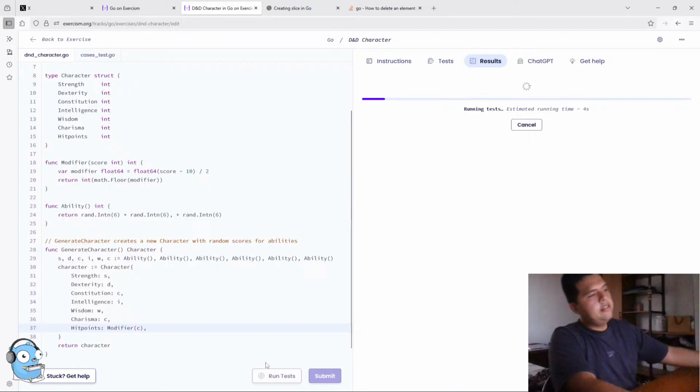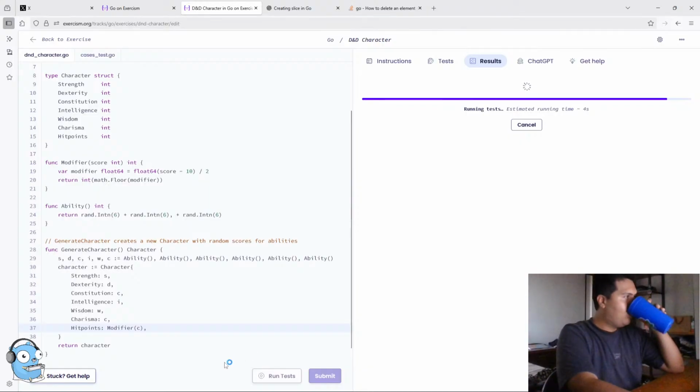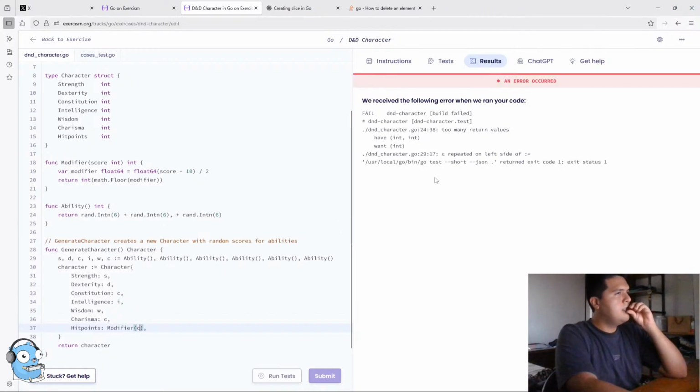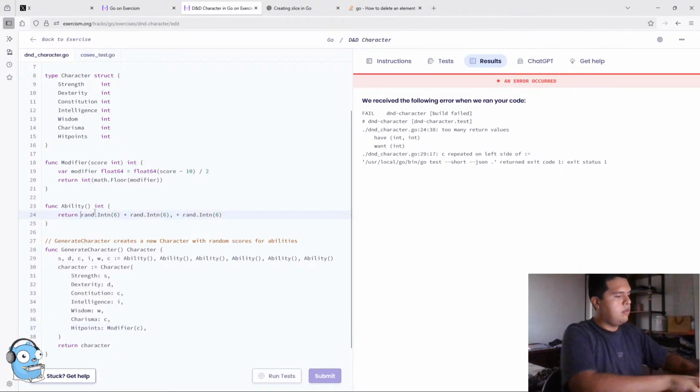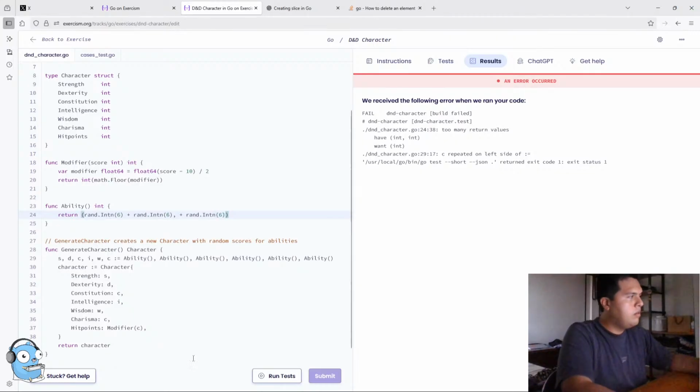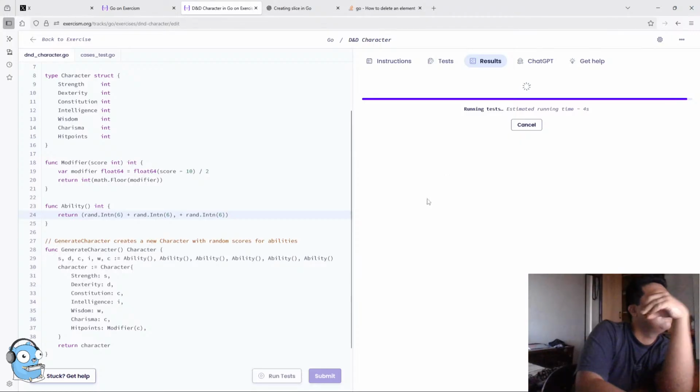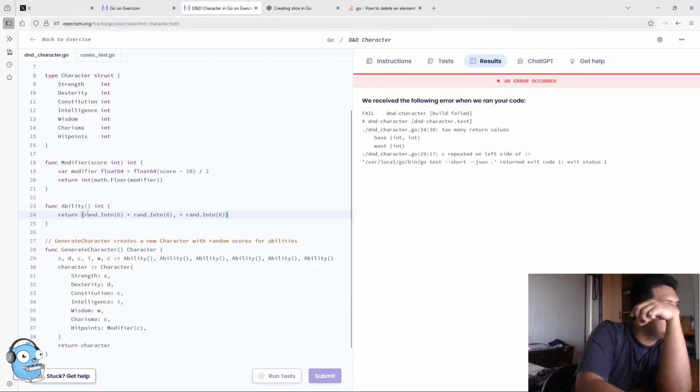Let's see, let's check how it works. Too many return values. Okay, I get it.